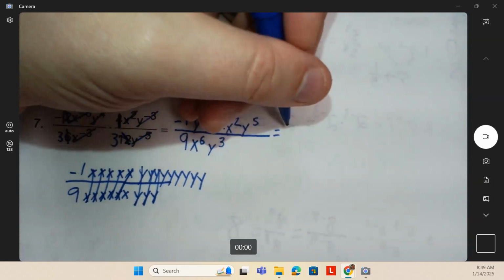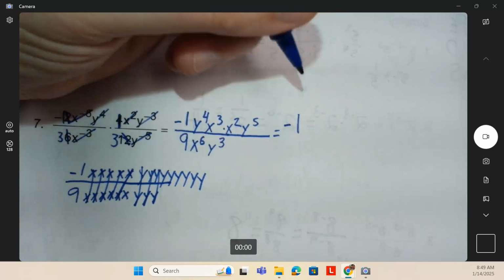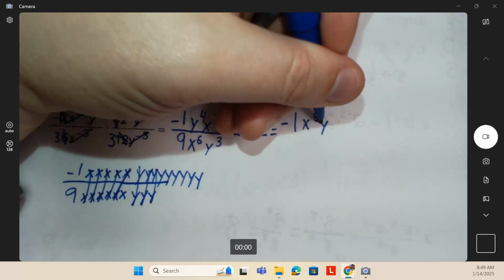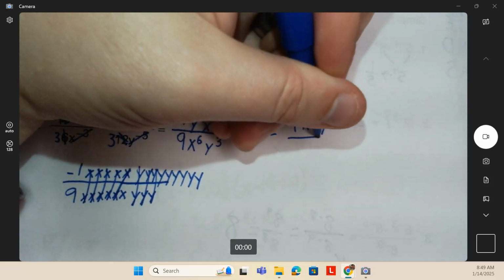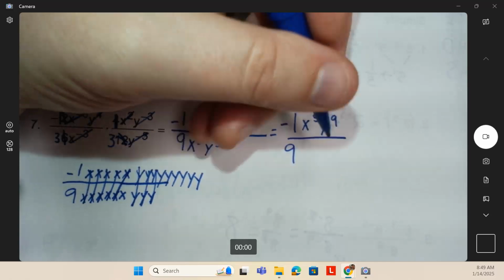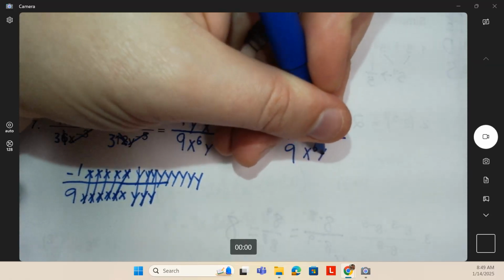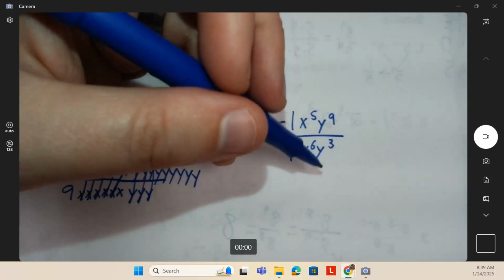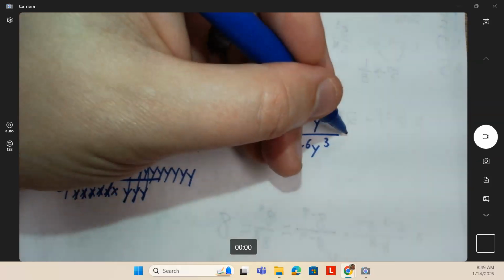But I'll break that apart and say, if I combine those, that's x to the 5th, y to the 9th, over 9, x to the 6th, y to the 3rd. Then they're lined up, and you can subtract them very easily that way.